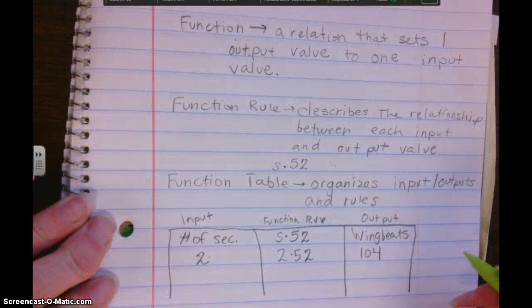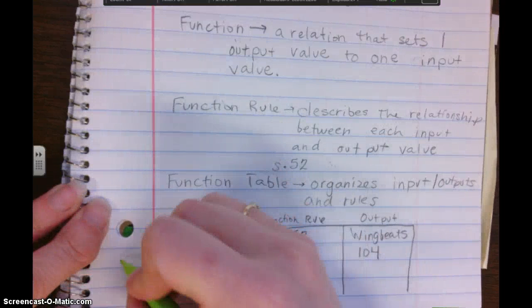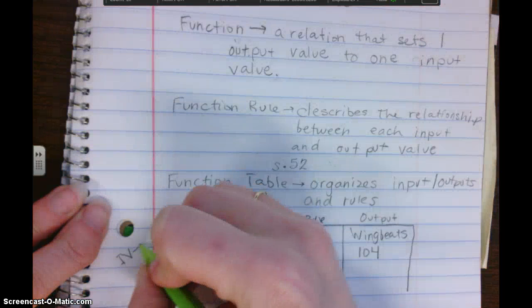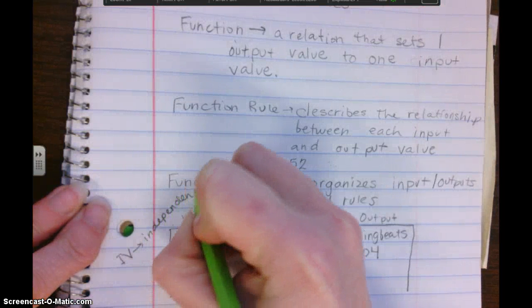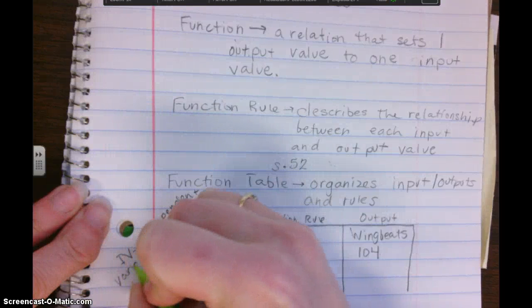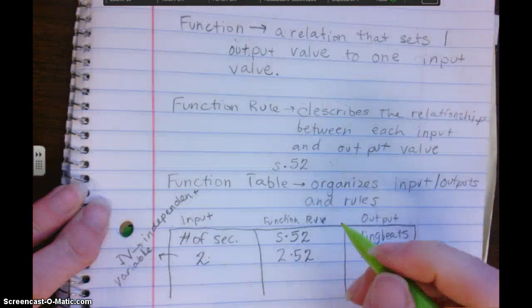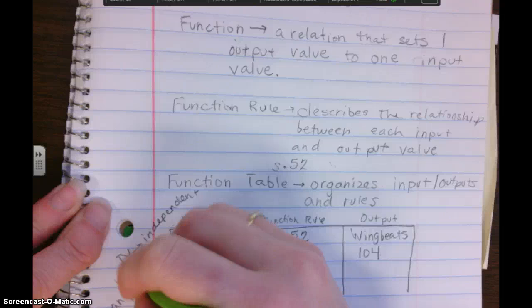To take this a little bit further, your input value is also going to be known as your independent variable, your IV. This number is called your independent variable because it can be any number you choose.